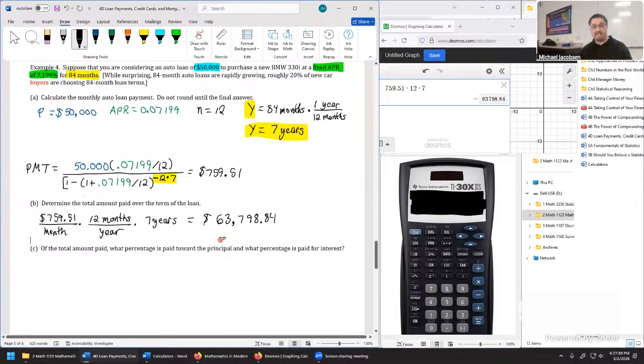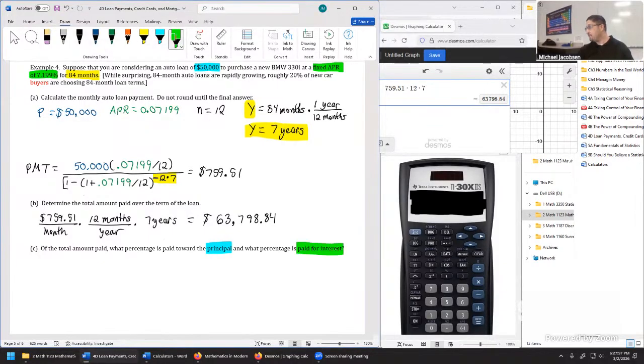So if you still want to buy this car, we're imagining buying the BMW 330i, the bank is also going to have to show you, in addition to this number, the percent of that which is going to be paid towards purely the principal and paid for interest as well. So we come back to these numbers here.